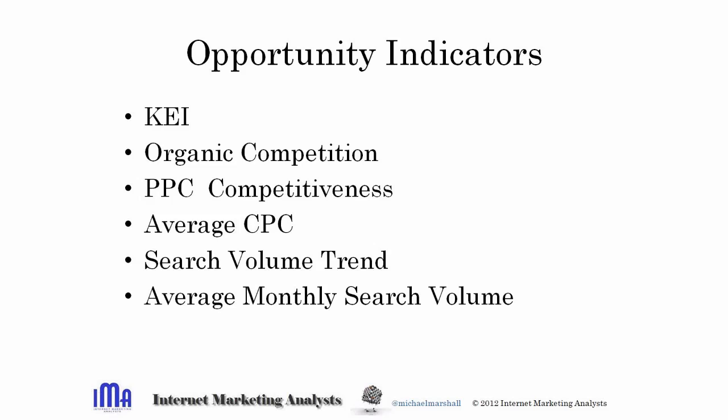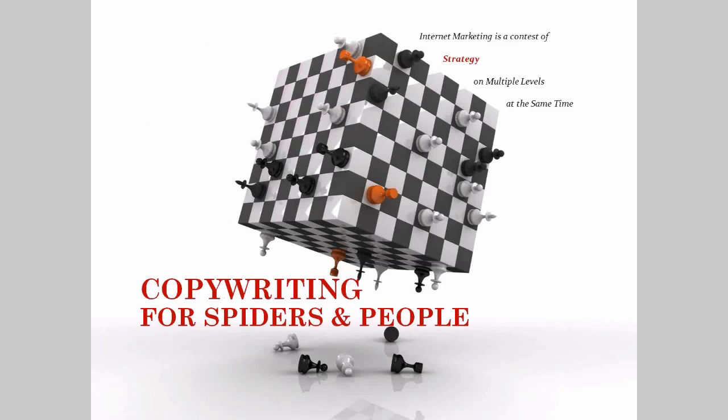Then you have average monthly search volume, which is important to figure out whether or not it's worth going after because of the volume of traffic, and that one's pretty straightforward. So those are the things that you want to keep in mind off the top of my mind as far as key phrase research.